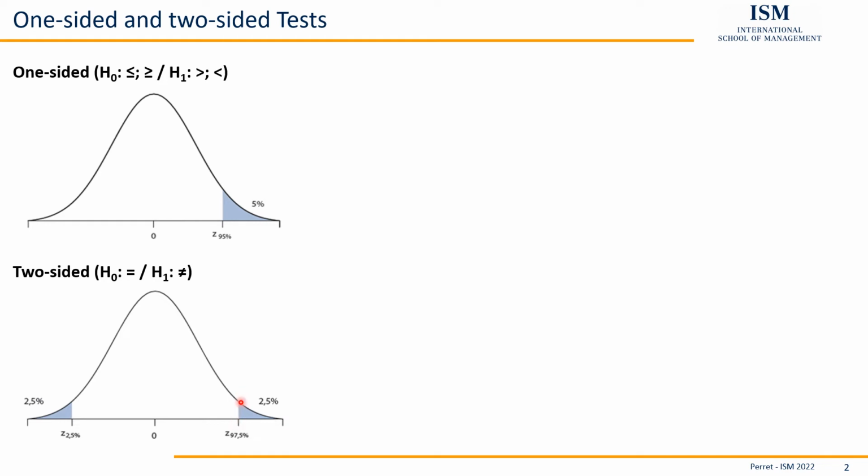Therefore, whatever is left of this side is no longer 95%, but 97.5%, because here it's only 2.5%. So in other words, this value here is the 97.5 quantile, which we need to consider.